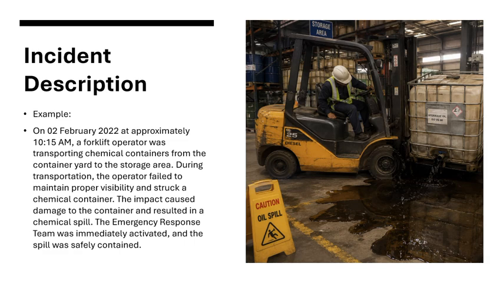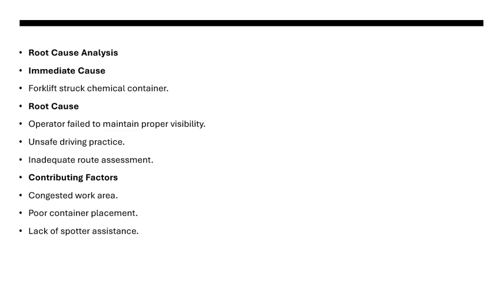During the transportation, the operator failed to maintain proper visibility and struck the chemical containers. The impact damaged the container and resulted in a chemical spill. The emergency team was immediately called and the spill was safely contained.